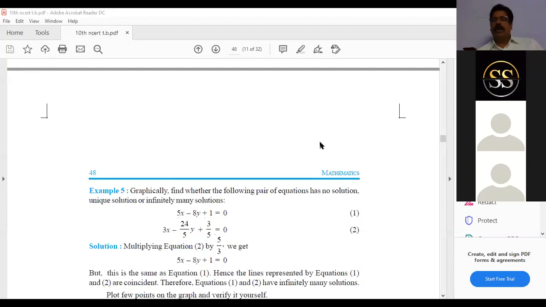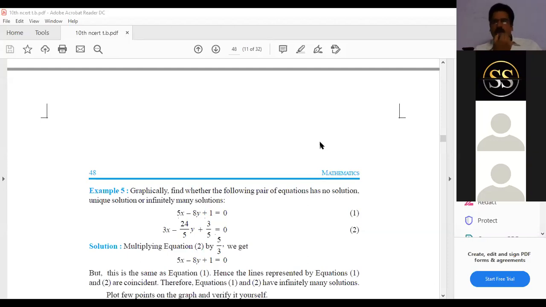Santosh, speak. A1 by A2 is not equal to B1 by B2, then the equations are intersecting lines, the graphical representation, and consistent.